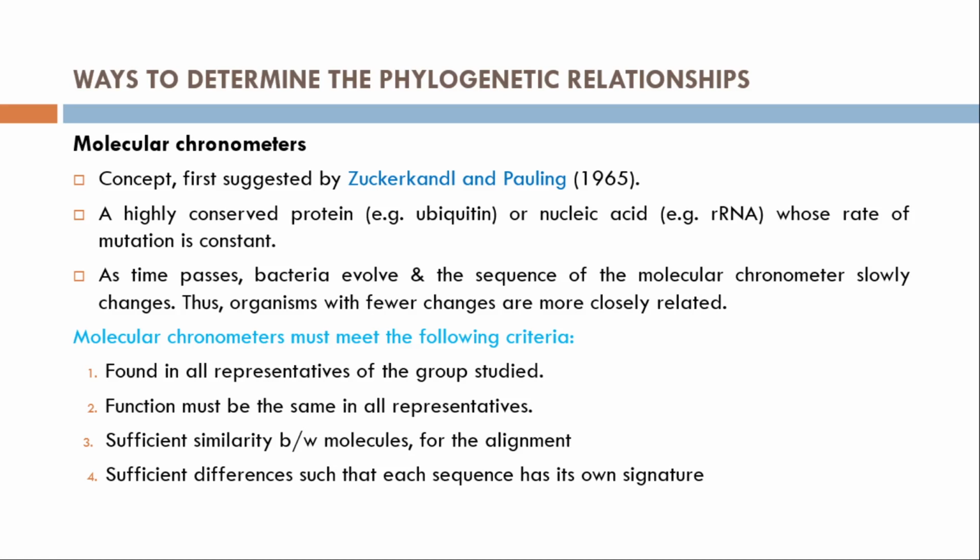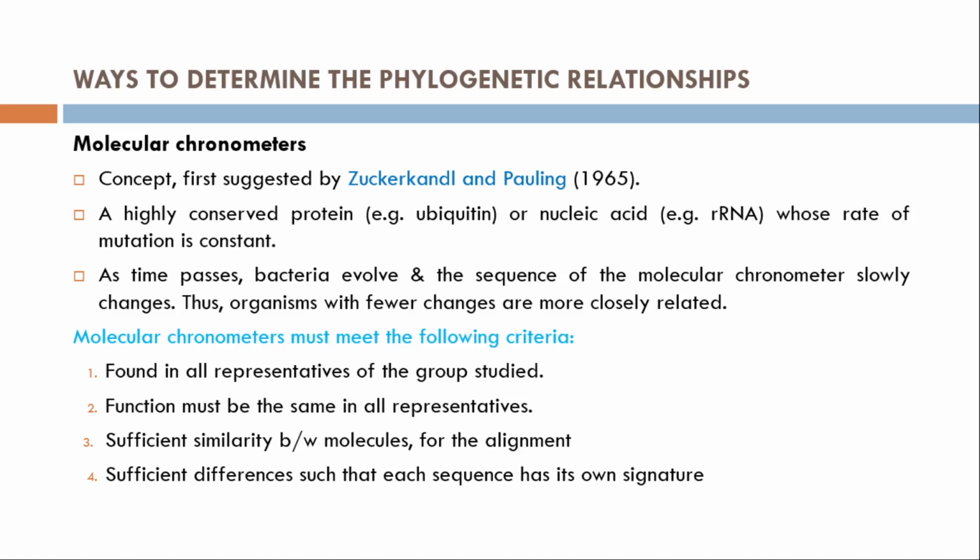For example, if you want to study the phylogenetic relationship among organisms, whatever sequence you are taking should be present in all the organisms of that particular domain. For example, you are well aware of the 16S rDNA sequence. The 16S rDNA sequence is present everywhere in the prokaryotic domain, so 16S rDNA can be taken as a molecular chronometer.